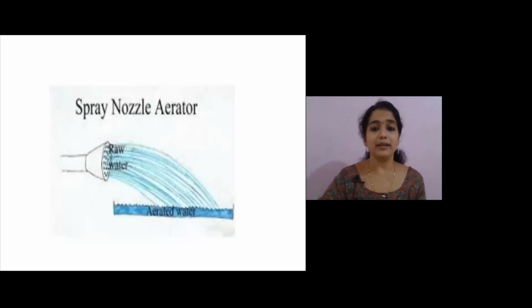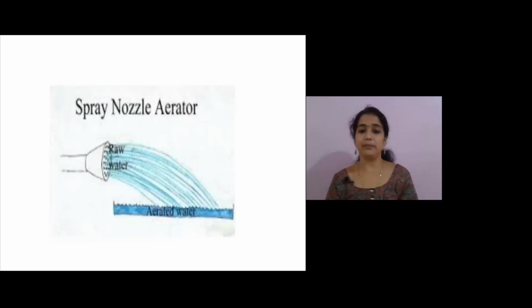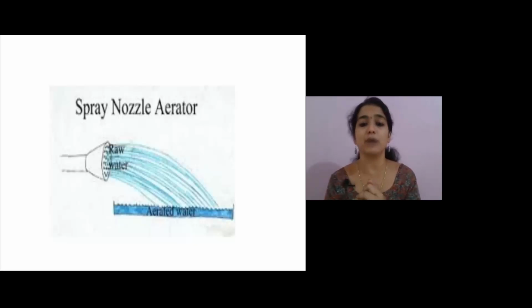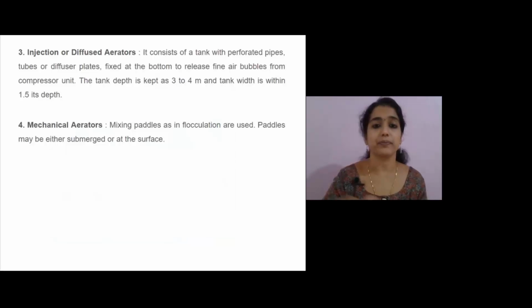By spraying, the air contact will be more. This picture shows a spray nozzle aerator. Then the water surface area in contact with the air will be more, and more air will get diffused into water by using spray nozzle aerators.